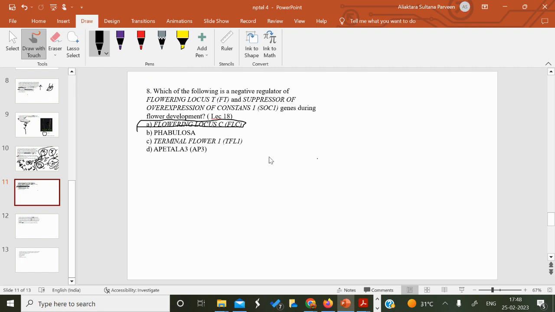So here, if I draw, this is your flowering locus T and this is your SOC1. These two genes, we think of them as promoting flowering.